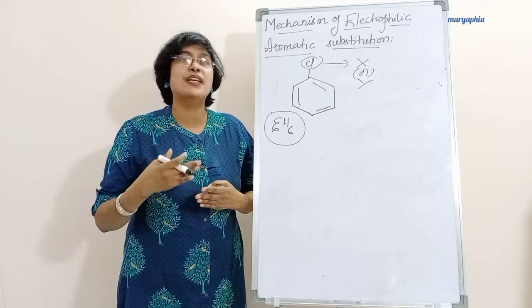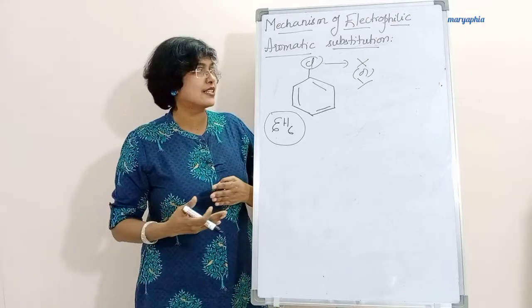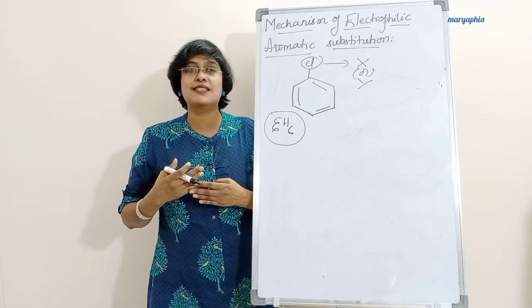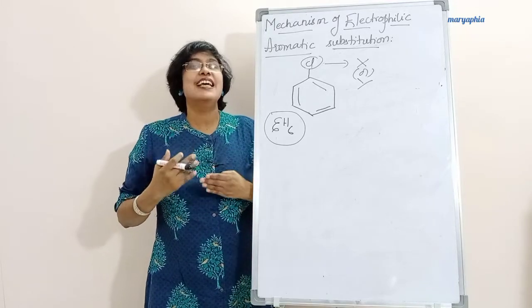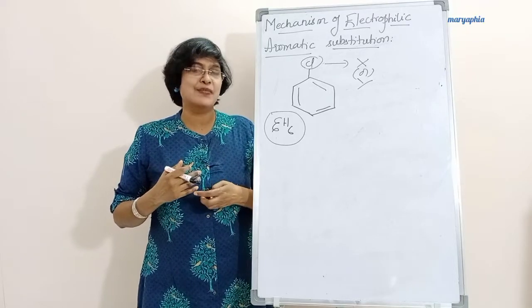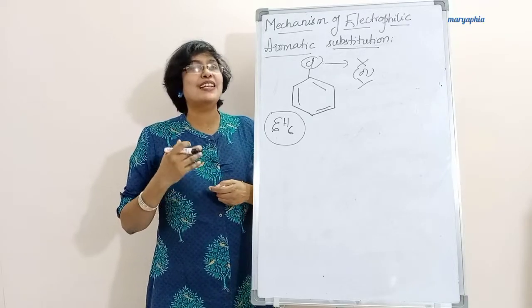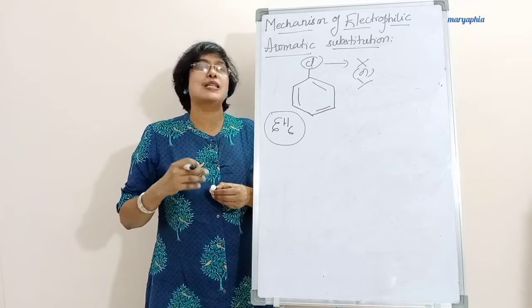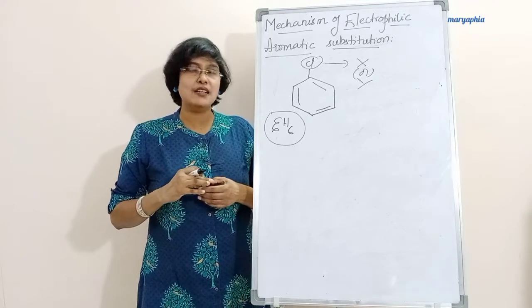Such species we call electrophiles. So these aromatic compounds, as they are a rich source of electrons, easily attract electrophiles towards them. Therefore electrophilic substitution reactions are common in benzene as well as other aromatic compounds.